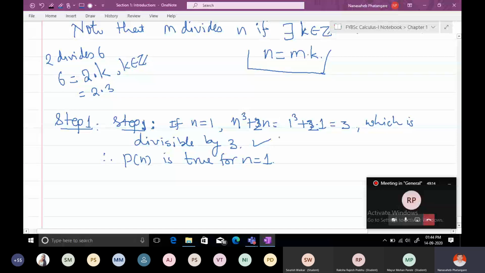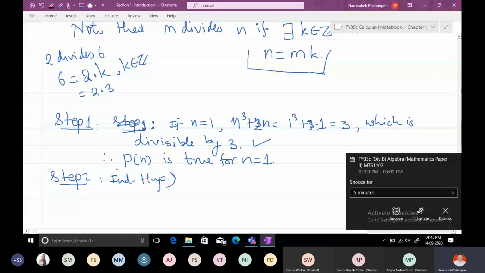Okay, so step 2. What is step 2? Induction hypothesis. So what is the induction hypothesis?